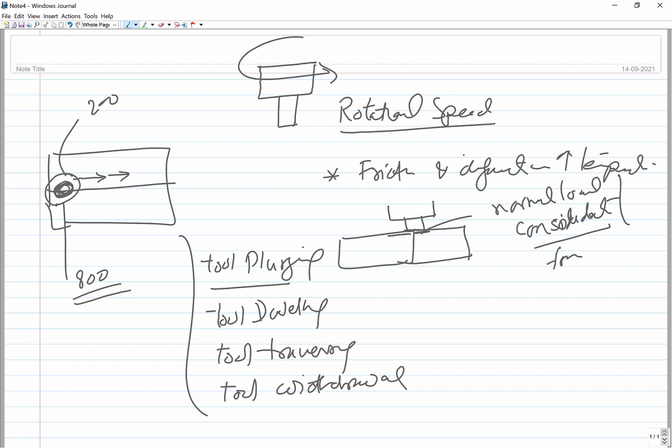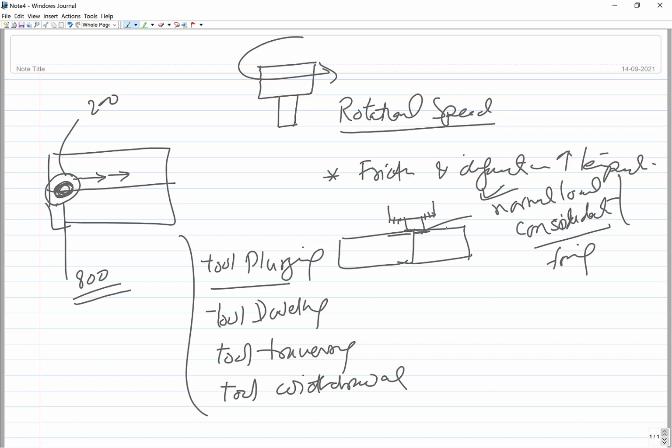So consolidation or forging action is facilitated by this normal load, which is ensured through a little deeper penetration of the shoulder below the surface of the workpiece. This may be very small in magnitude, maybe 0.1, 0.2, 0.3, like that, depending upon the kind of metal which is being joined.